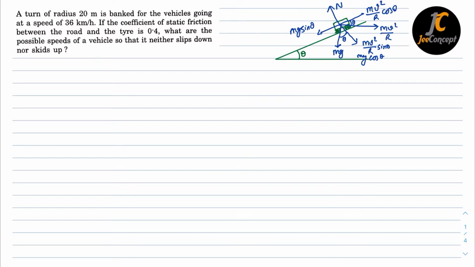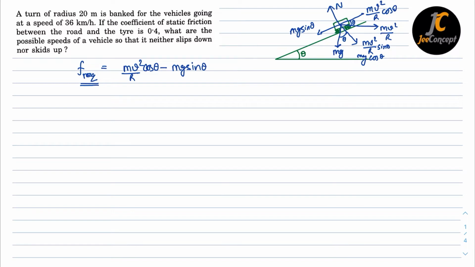So in that particular scenario, so that the car should not move from this position, we can write the frictional force or the required friction should be equal to mv square by r cos theta minus mg sin theta. So this is the required friction to move this car safely on this banked road, right?